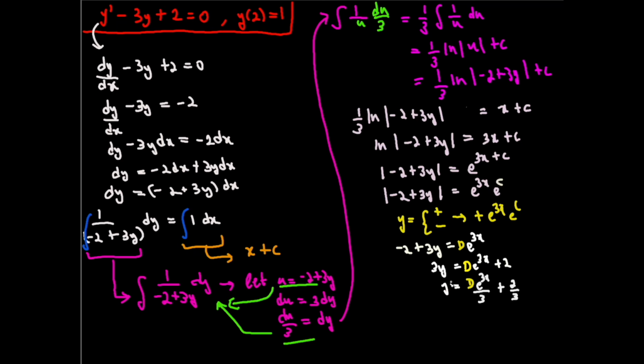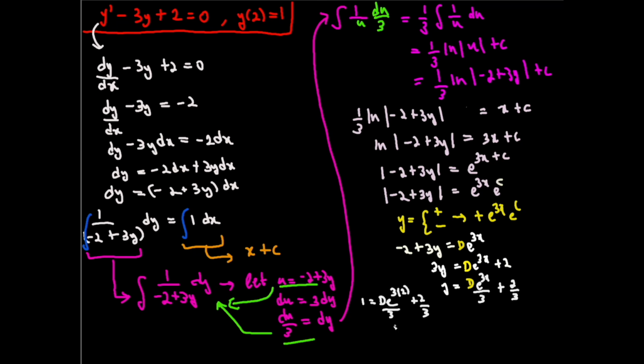Now that we have this y function and the initial value, we can solve for what the d value is. So we know that y of 2 is 1, which means y is 1 when x is 2. So 1 equals d e to the 3 times 2 over 3 plus 2/3.